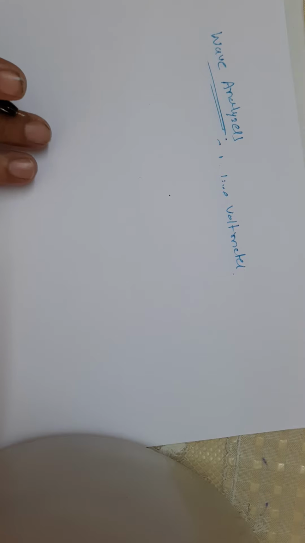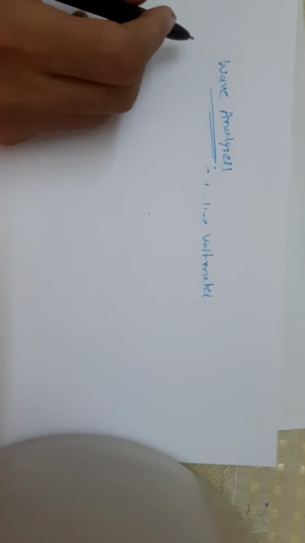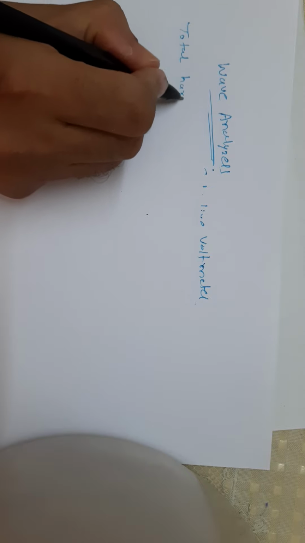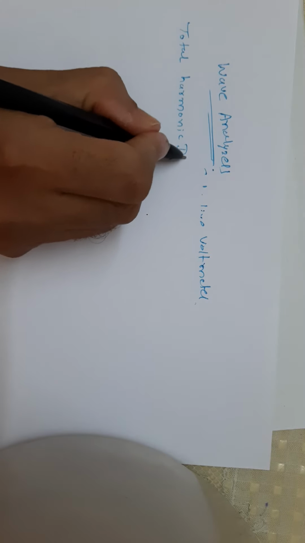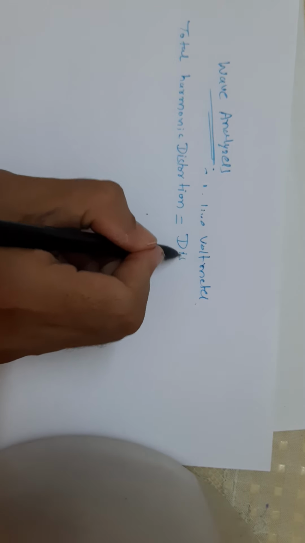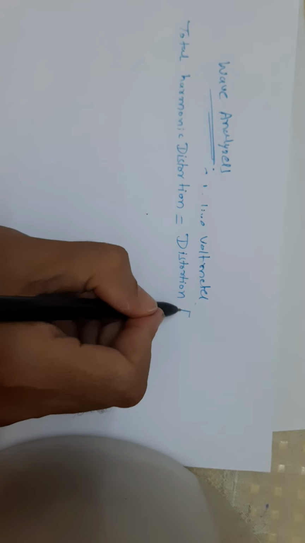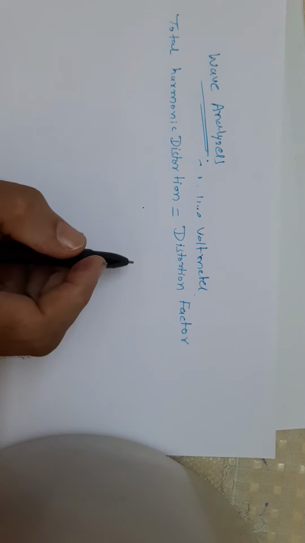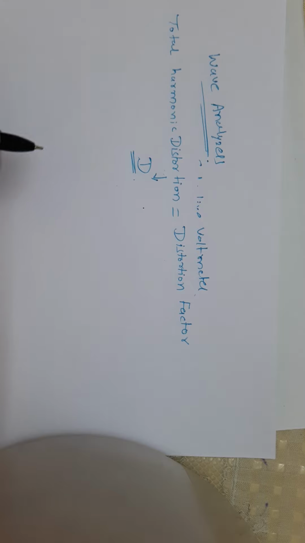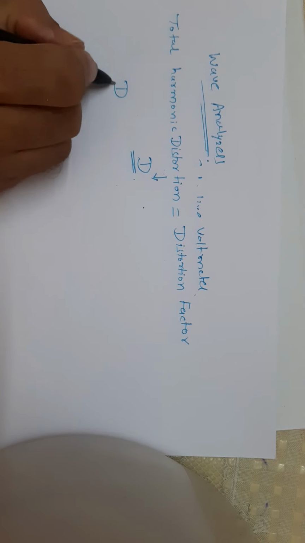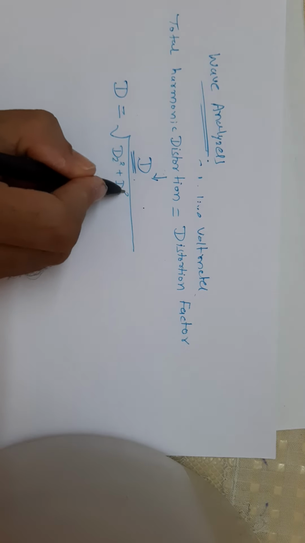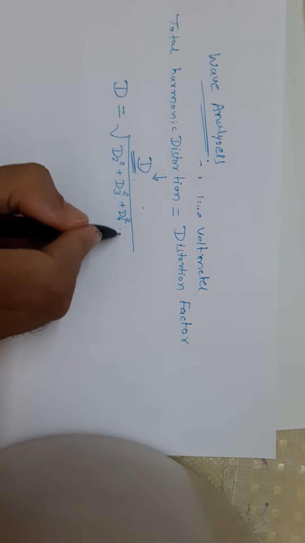So the total harmonic distortion is also known as distortion factor, and it is denoted by capital D. It is given as D equals square root of D2 squared plus D3 squared plus D4 squared, and so on.